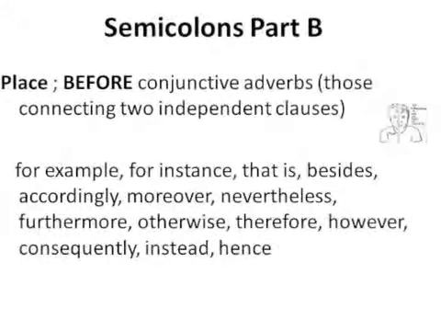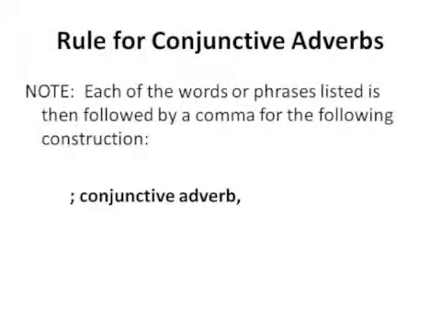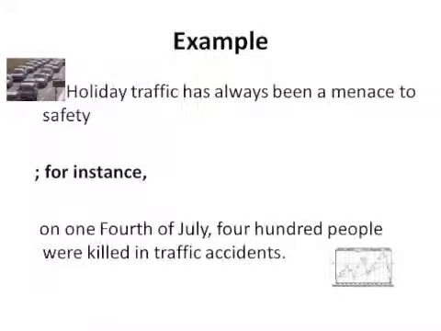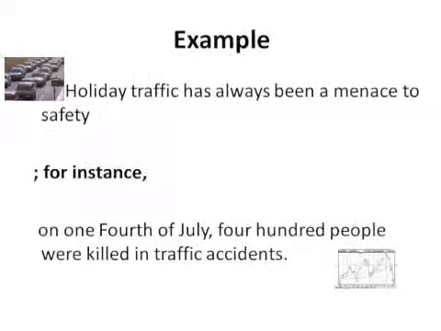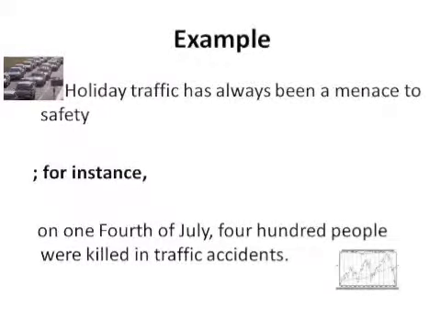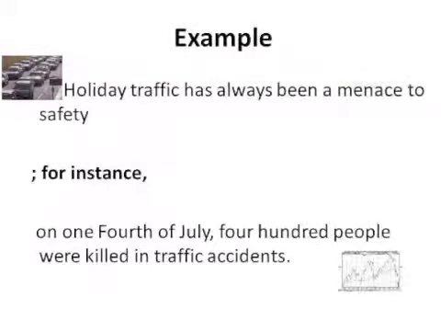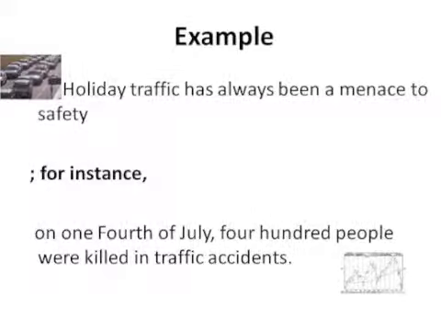Here's the pattern. Semicolon, conjunctive adverb, comma. In this example, holiday traffic has always been a menace to safety, and on 1/4 of July, 400 people were killed in traffic accidents are both independent clauses.